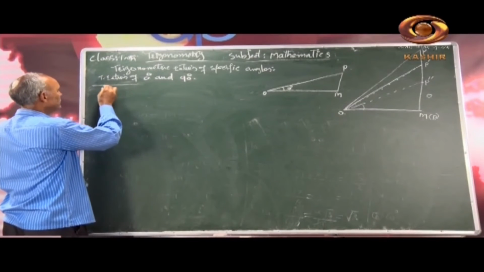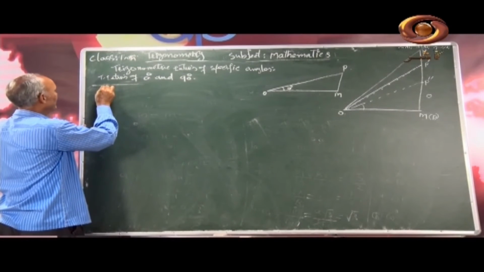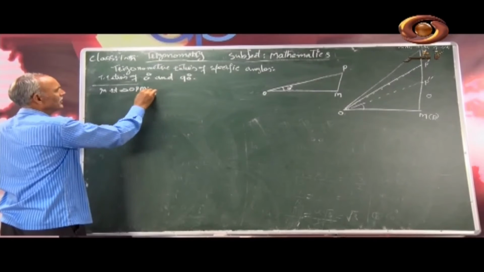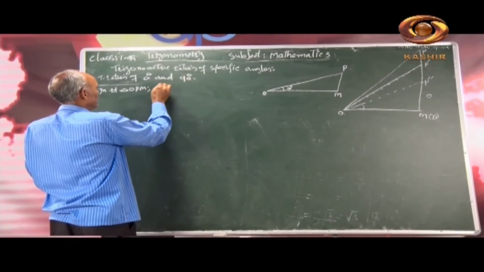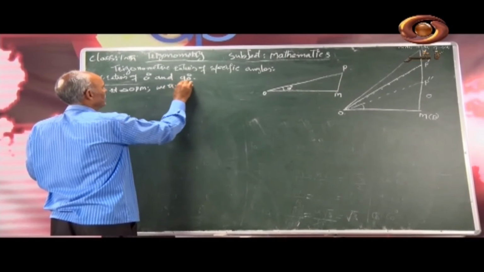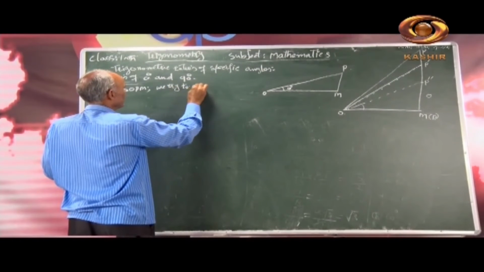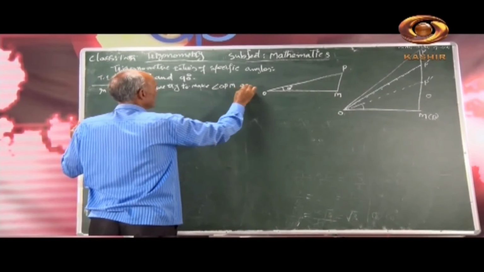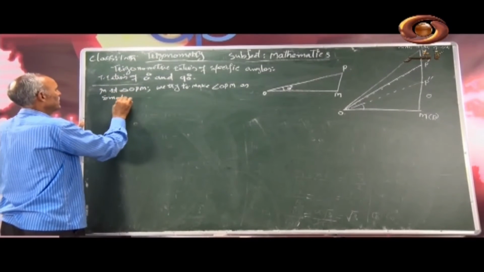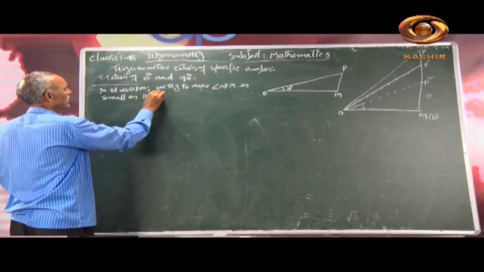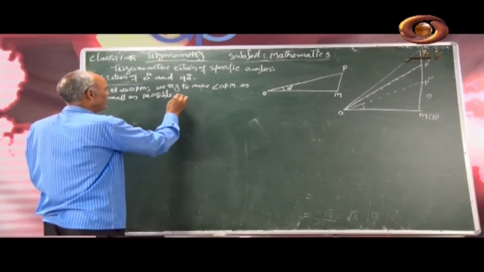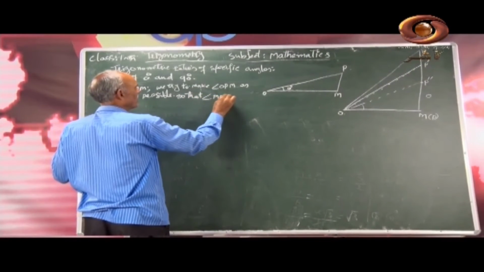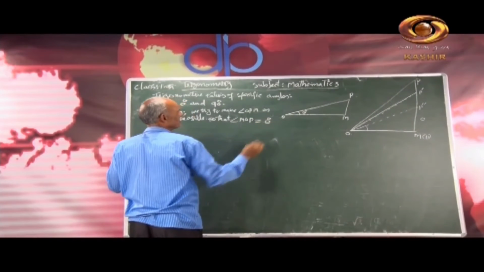So we will write, in right triangle OPM, we try to make angle OPM as small as possible, so that angle MOP will become 0 degree.